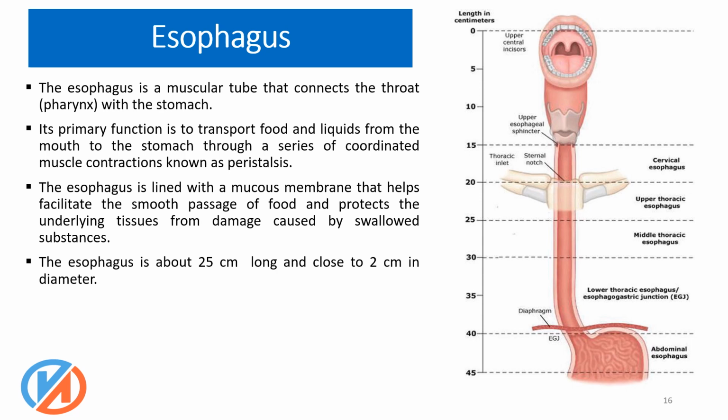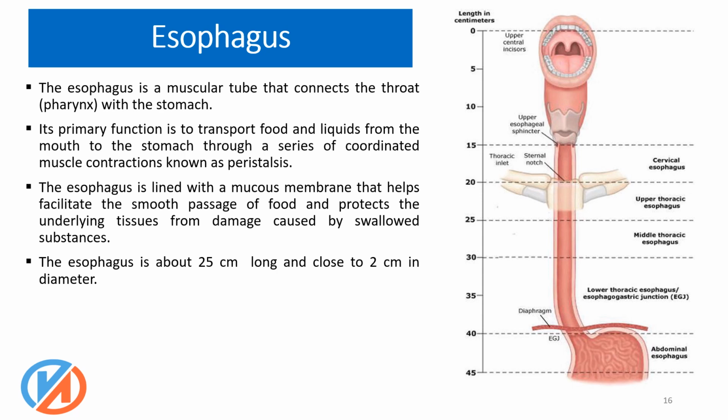Its primary function is to transport food and liquid from the mouth to the stomach through a series of coordinated muscle contractions known as peristalsis. The esophagus is lined with a mucous membrane that helps facilitate a smooth passage of foods and protect the underlying tissues from damage caused by swallowed substances.